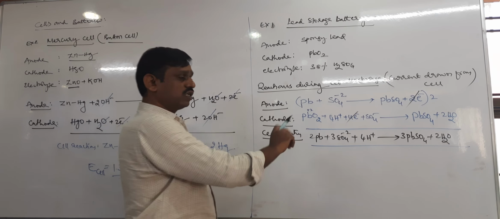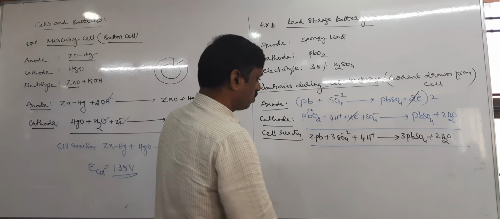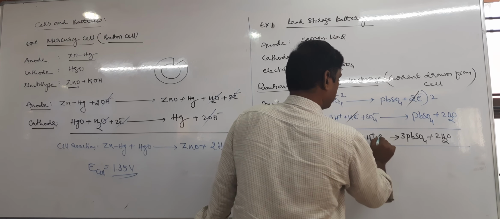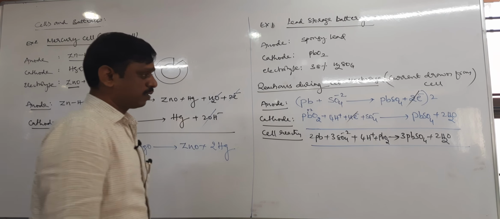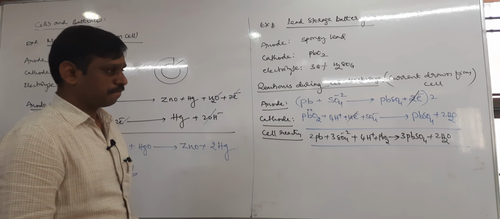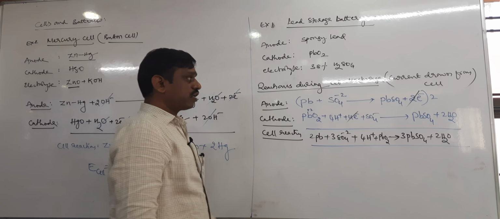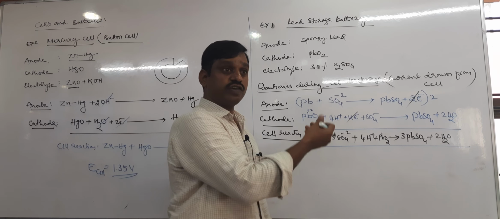So this is the Pb, and PbO2 is left now. PbO2 has to come here, plus PbO2. Right, now this is the reaction during the cell discharge when current is drawn.